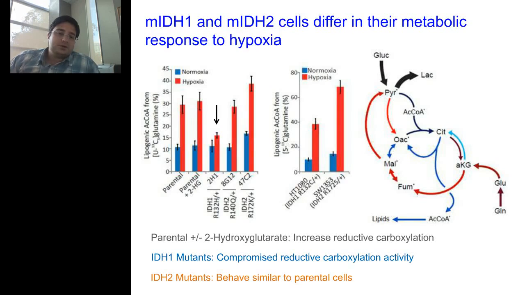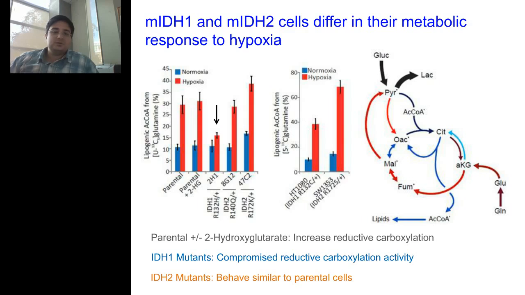And here I'm using a readout of glutamine conversion to lipids. And what we found is, as before, the IDH1 mutant cells were unable to use this pathway under hypoxia. However, IDH2 mutant cells seem to have no problem and behave similarly to the cells with wild type or cells treated with an exogenous 2-HG.